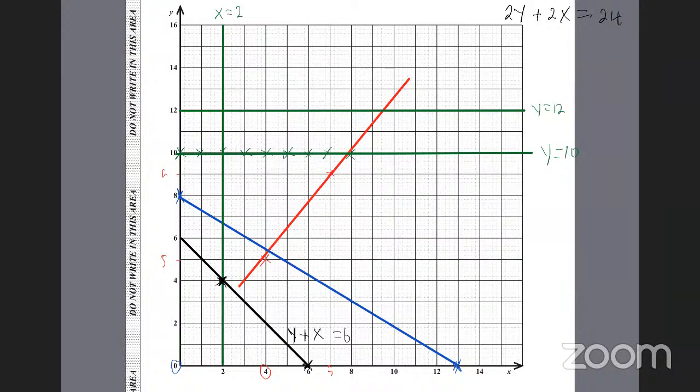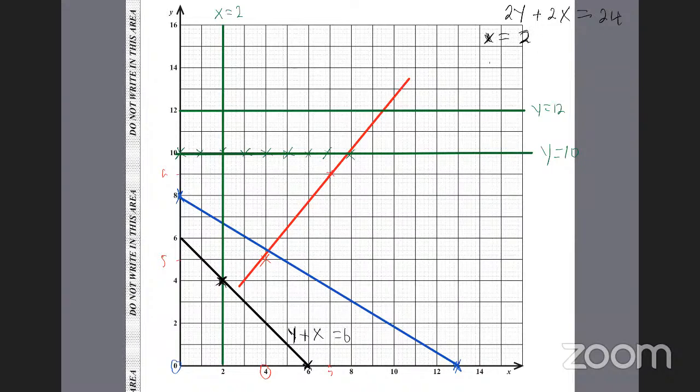All right, so 2y plus 2x is 24, right? I am going to pick x as 2.